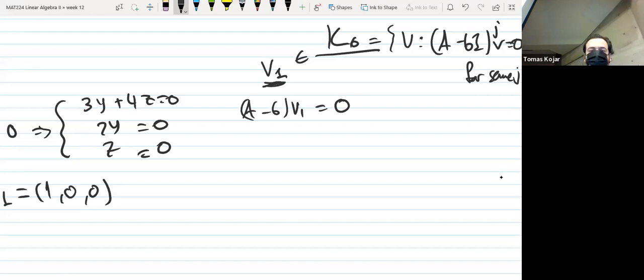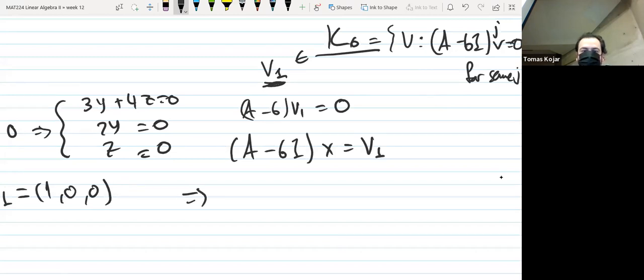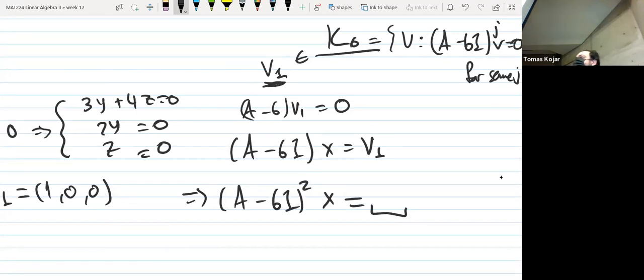Now you want to find the next guy, X, and you solve this equation, because if you do, what happens when you take the second power? What is it equal to? Don't yell it out, just do it with your hands.